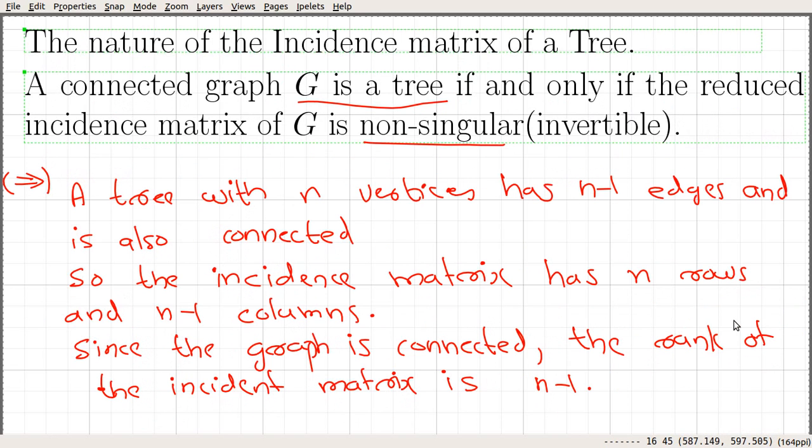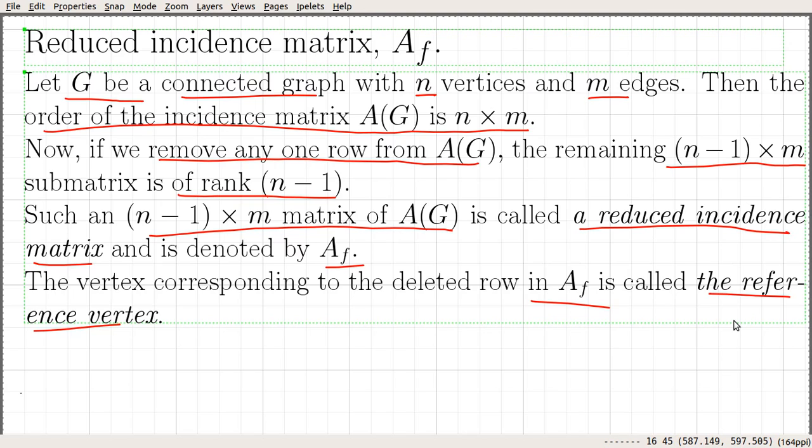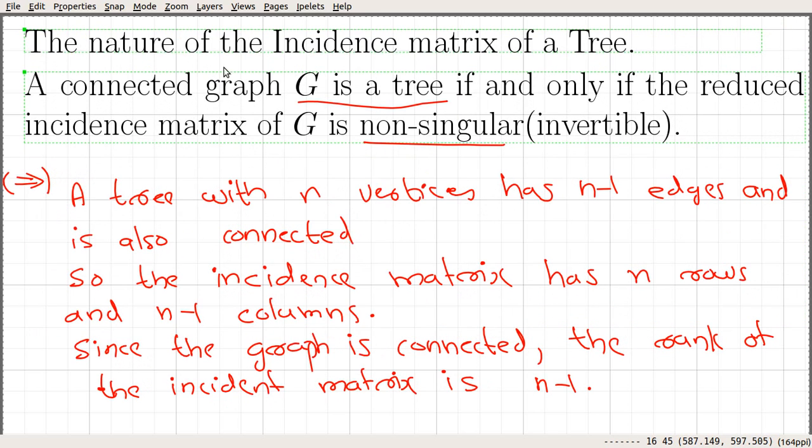Okay, exactly the same statement that we are trying to prove. So in this video we defined what is called the reduced incident matrix, and we proved the nature of the incident matrix of a tree. So we proved a connected graph G is a tree if and only if the reduced incident matrix of G is non-singular.